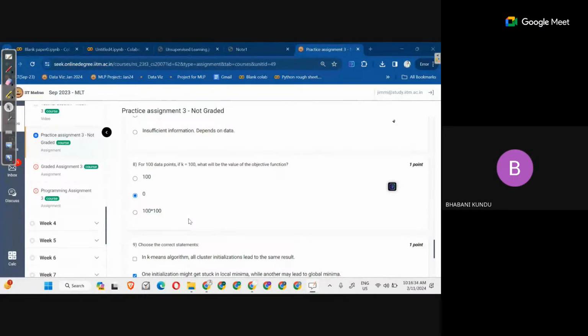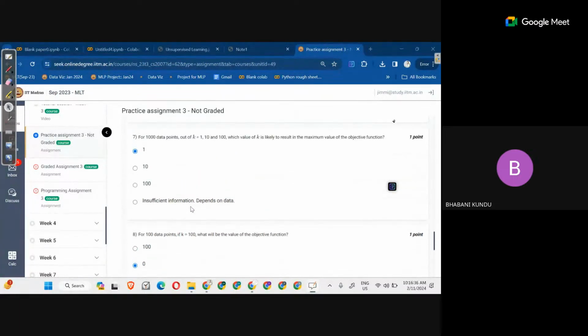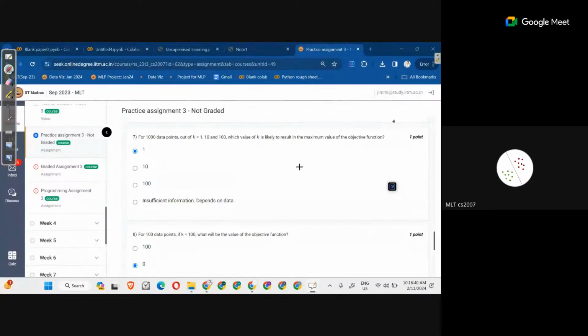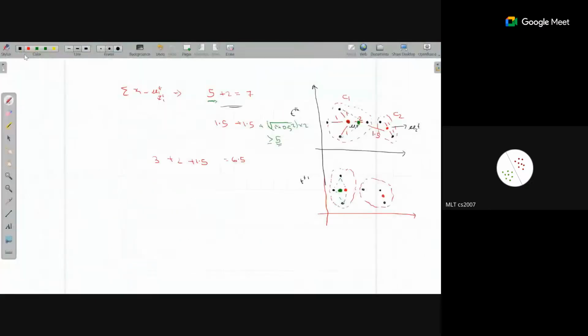Sir, can you please explain the 7th question once more? Okay, in the 7th question, let's say you have these many data points. I think we have drawn it here already, so just take this one. Let's say this was the distance when k equals 2.